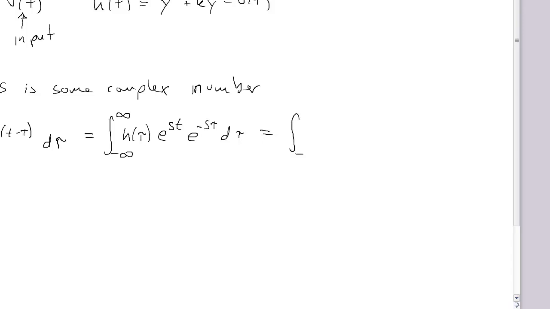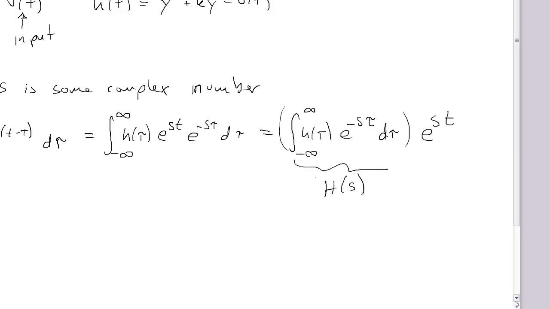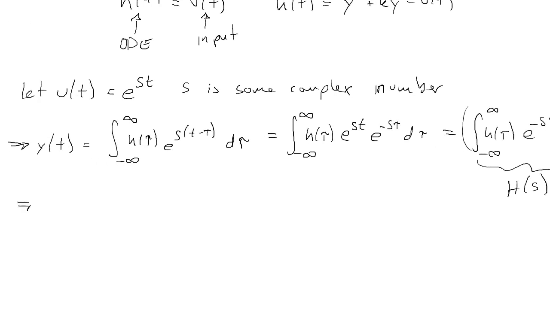And that's got to be equal to the integral from minus infinity to infinity of h of tau times e to the minus s tau d tau, all times e to the st. But notice this thing here is just the Laplace of h of t, or h of s. So what we find is that y of t is the Laplace of the differential equation, h of s, times the input e to the st.